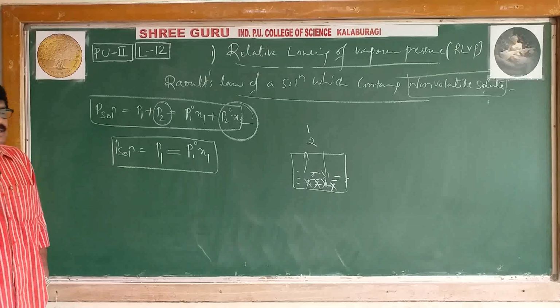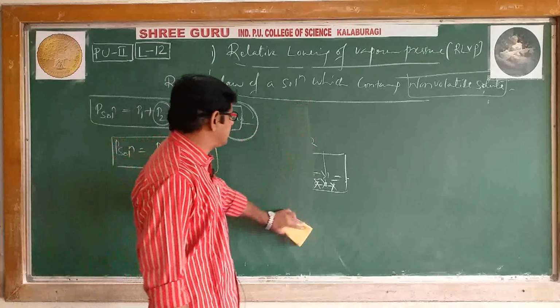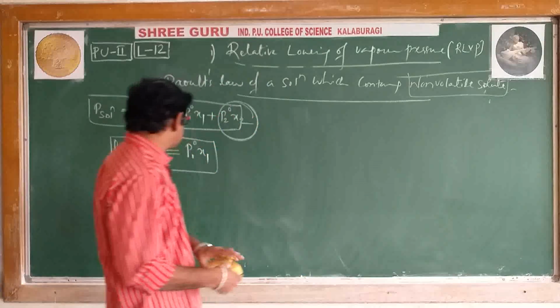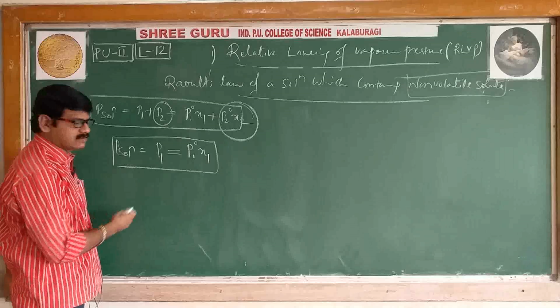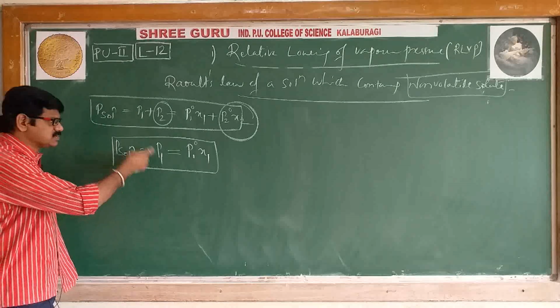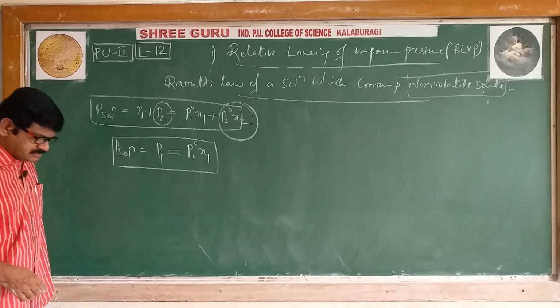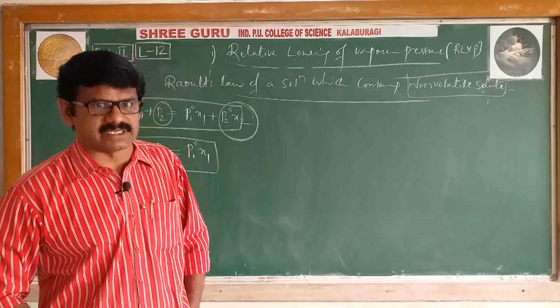This formula now we have to use to get the final formula of Raoult's law. Therefore, P1 equal to P1 naught x1. What is P1? P1 is nothing but the solution vapor pressure. Next, just now we have taken lowering of vapor pressure.